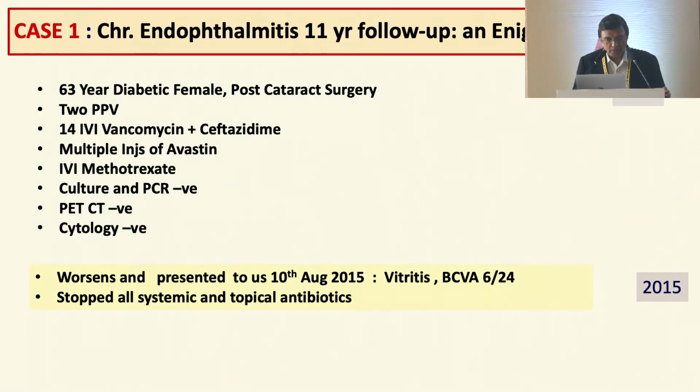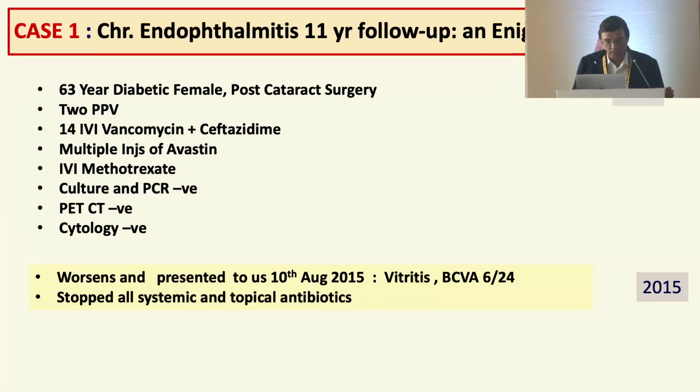She got methotrexate, she was PCR and culture negative, PET-CT negative, and cytology negative. So when she came back to us, and this patient was from Chandigarh, and I was operating in Chandigarh at that time, she worsened and presented in August 2015 with a visual acuity of 6/24.